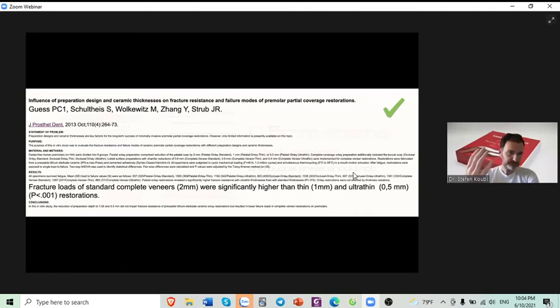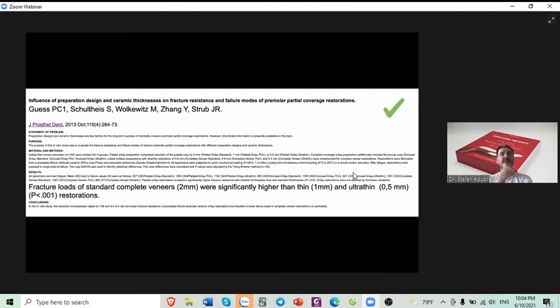Then, when you look at this study from Petragues about the fracture resistance regarding some premolar and special and complex designs of occlusal restoration, you can see that the fracture resistance is better for very thin or ultra thin restoration than for thick restoration. So it was a first interesting approach which goes in the same way.